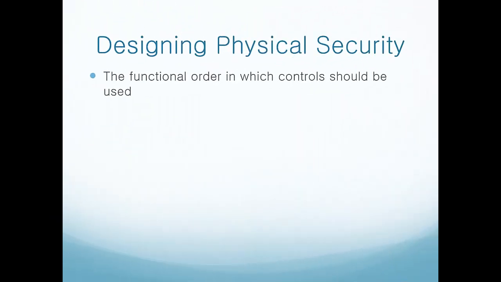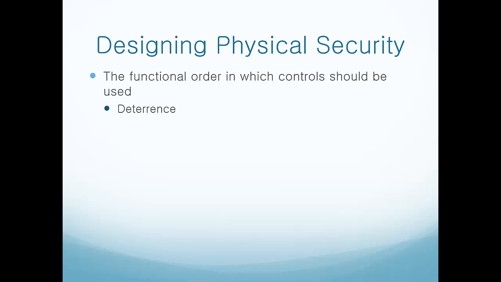When designing physical security, considering the functional order in which controls should be used is critical. So the elements of the order include the following. The first one is deterrence, and this is the first one because before anything happens, if you can prevent an attacker from doing anything, that's probably the best security.